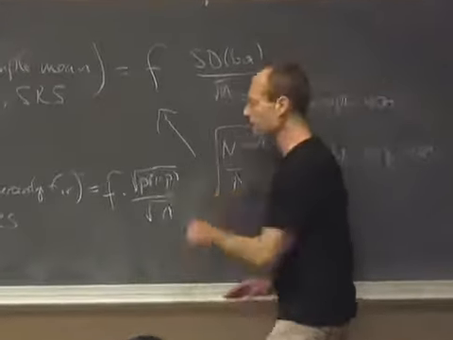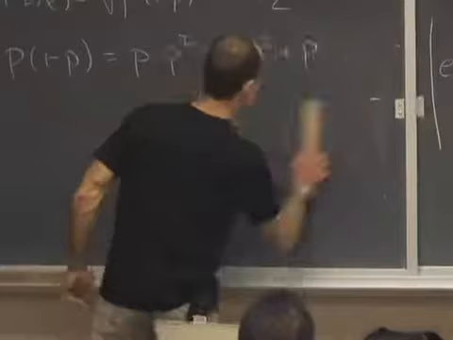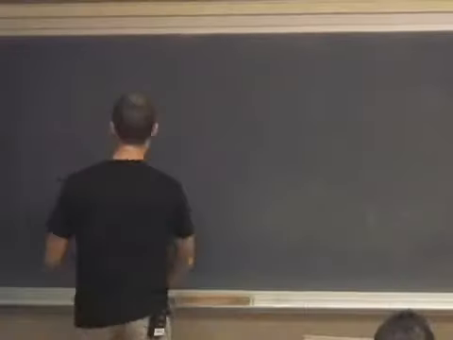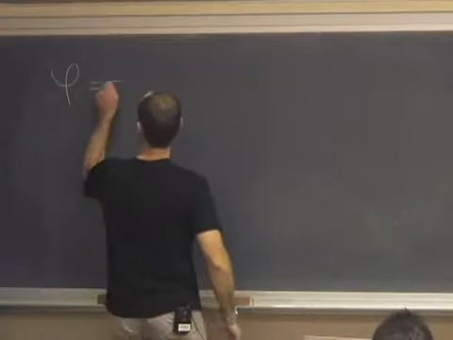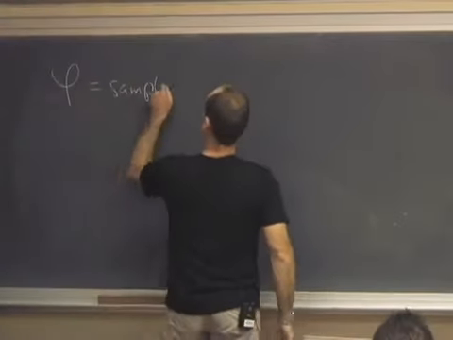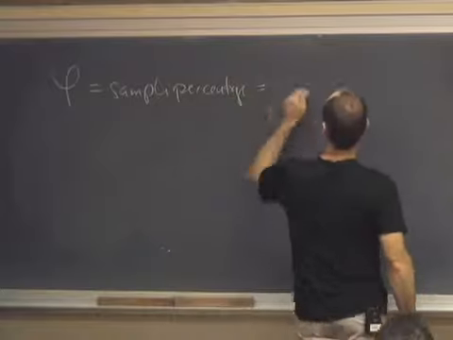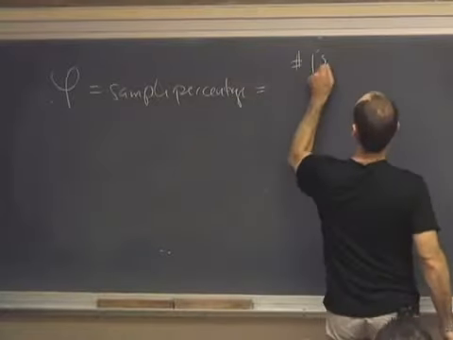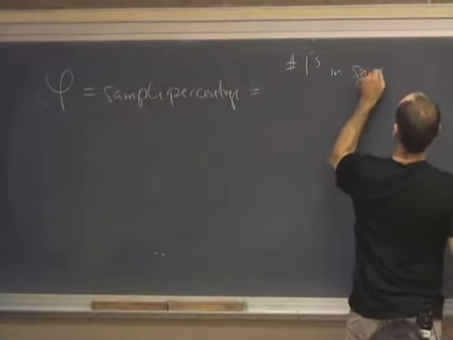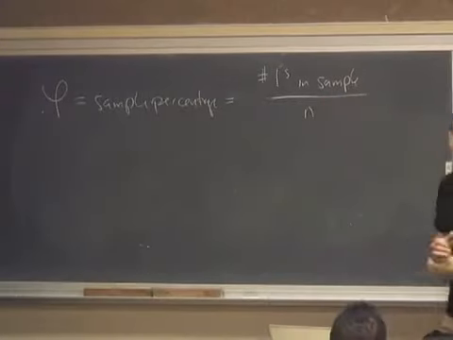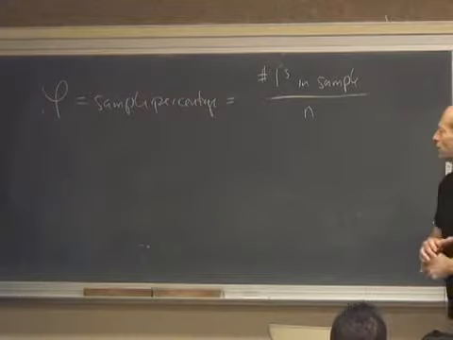So I'm going to say, suppose that my estimate is, I'm going to use a Greek letter phi for the sample percentage. So this is the number of ones in the sample divided by n. That's our estimator.